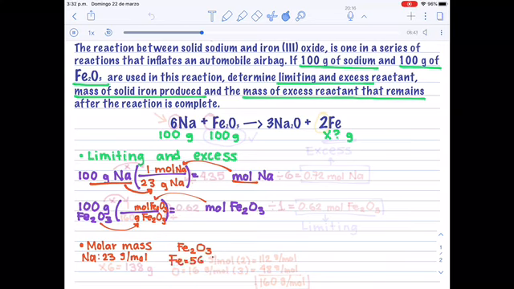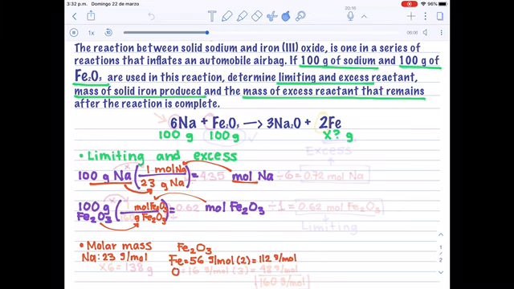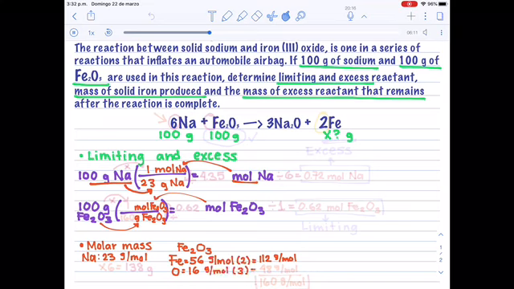Fe has a mass number of 56, so as we have 2, we multiply times 2 equals 112 grams per mole. For oxygen, we have 16 grams per mole multiplied times 3, and it will give us 48 grams per mole. Adding these two amounts, we have 160 grams, and this is the number that we are going to write in the fraction. Remember, the number of moles is always going to be 1.